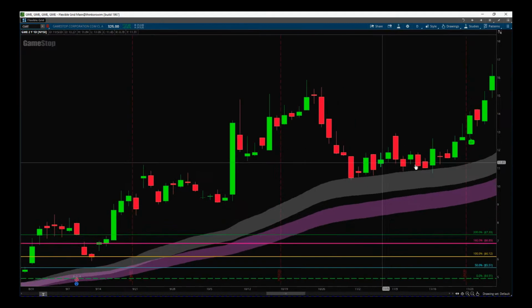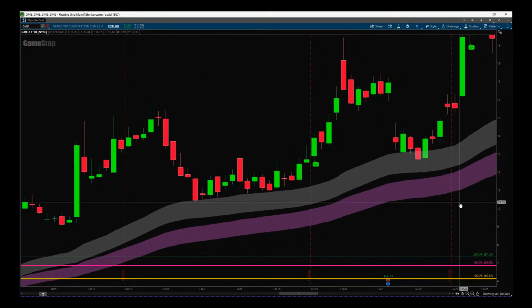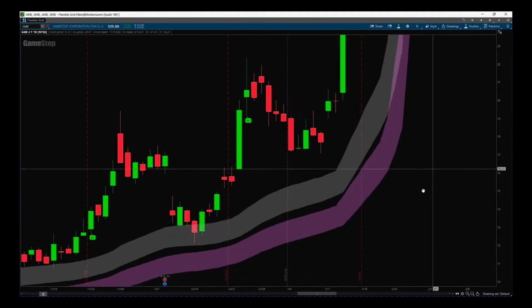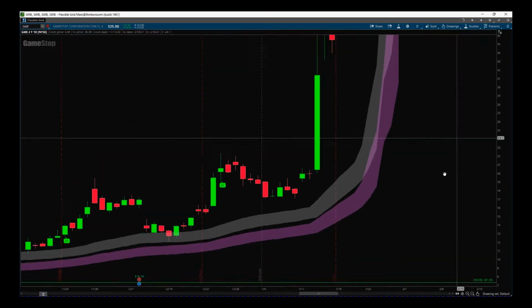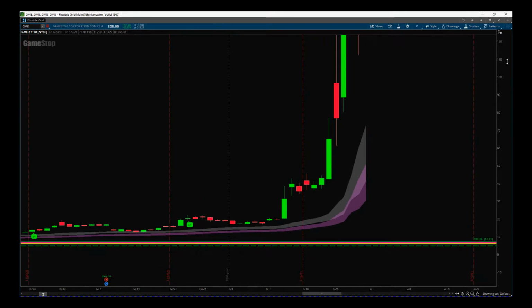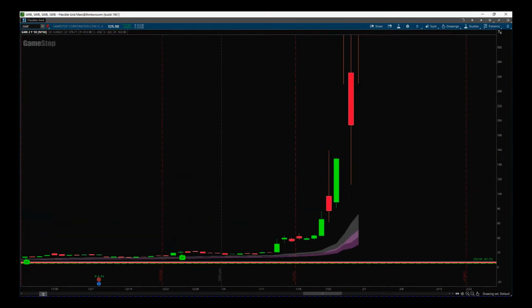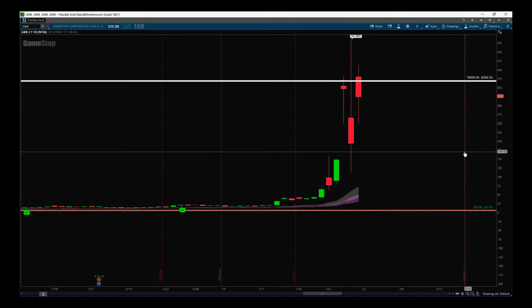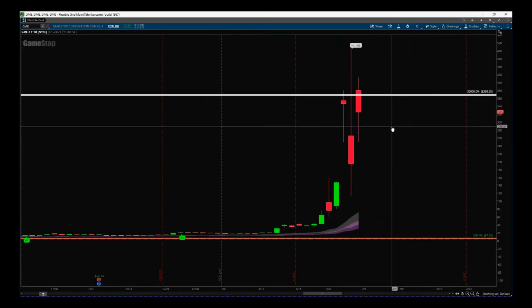It has never closed below the 55-day moving average EMA Cloud that we've got. And now I have to zoom right out because we are at 30,000% profit times risk. Risk $1,000, a $30 million winning trade there, or more really.